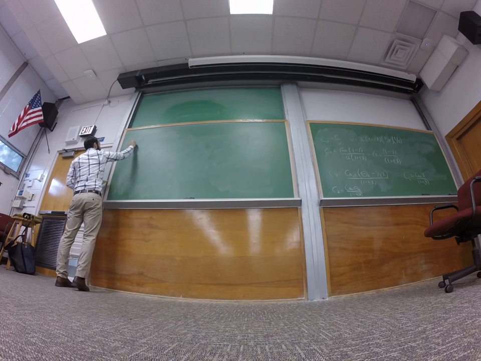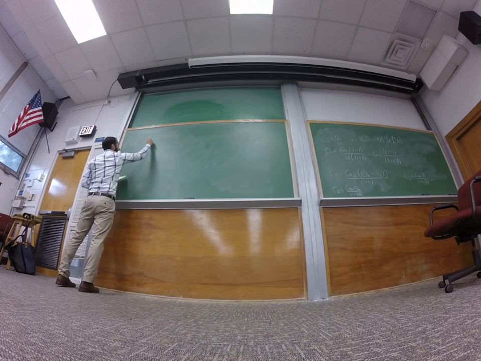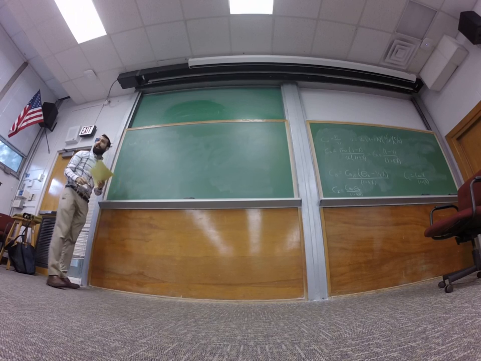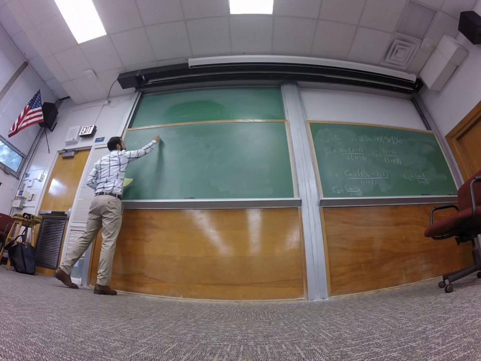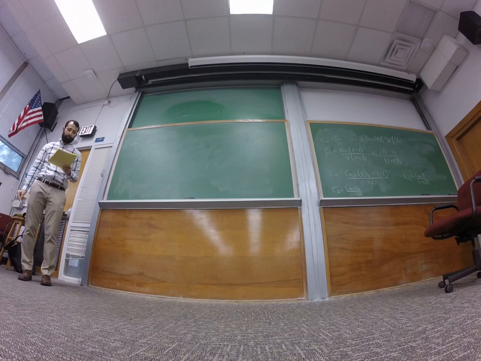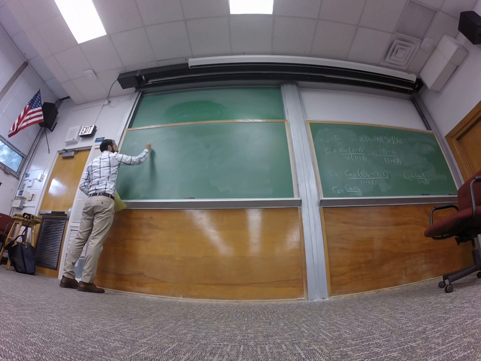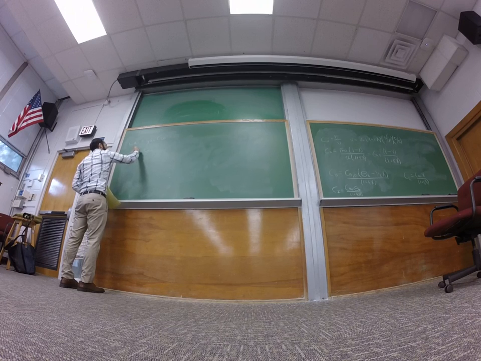So let's get CA0. That's just equal to the mole fraction of A at the inlet times what? The total concentration of species. So what is the total concentration of species for an ideal gas?